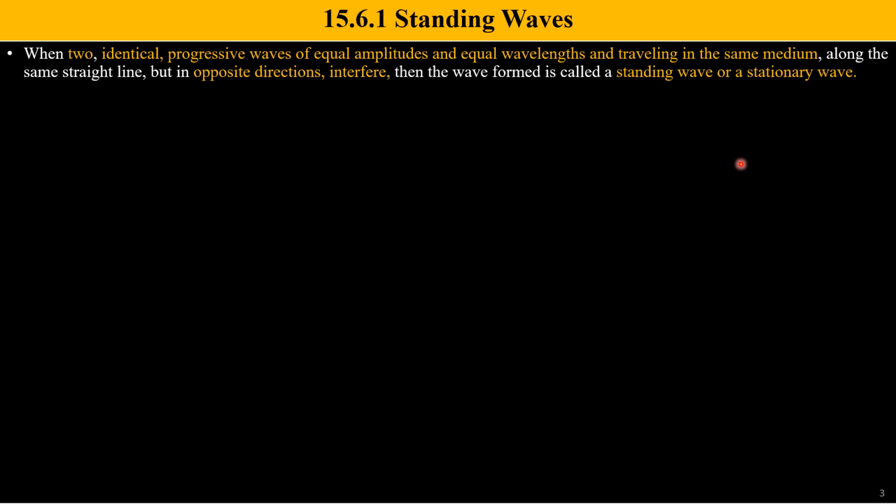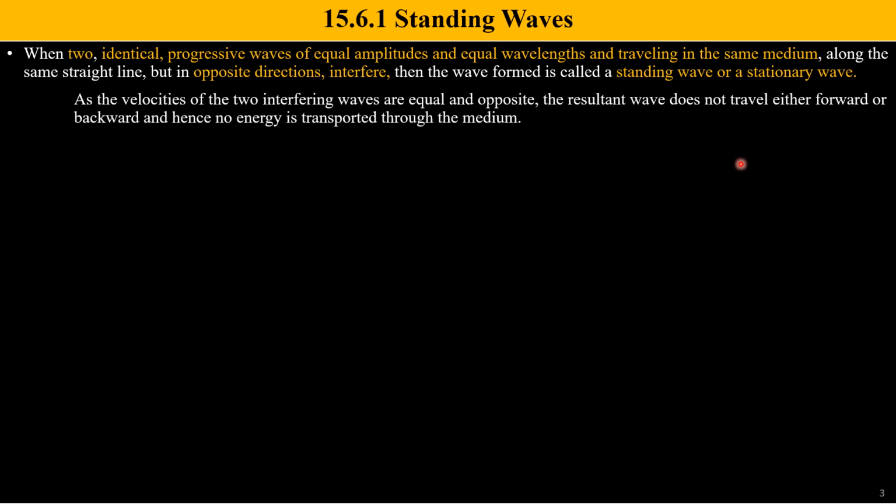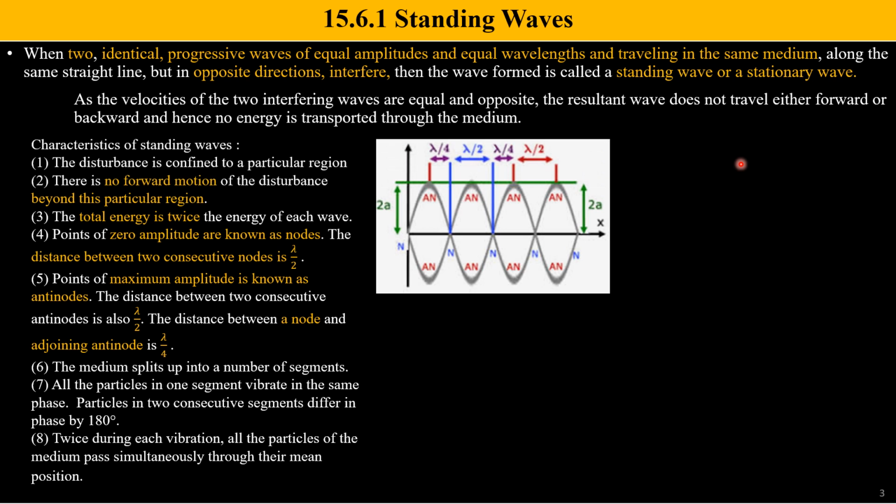For example, a string fixed at either end or an air column in a pipe produces standing waves. Since the velocities of the two interfering waves are equal and opposite, the resultant wave does not travel either forward or backward, and hence no energy is transported through the medium.